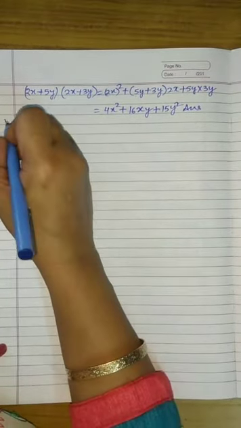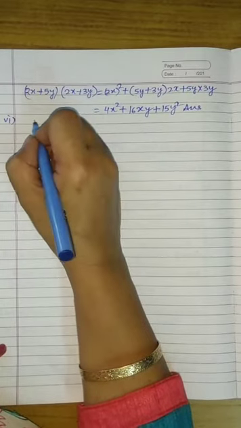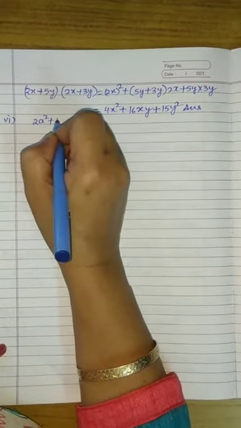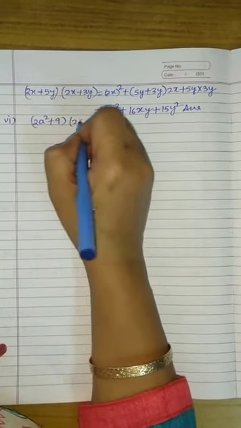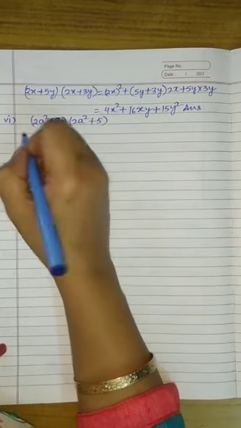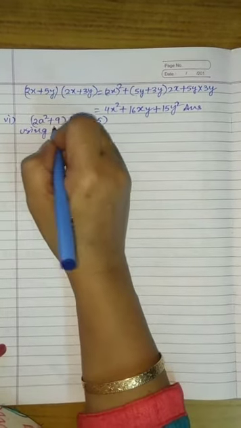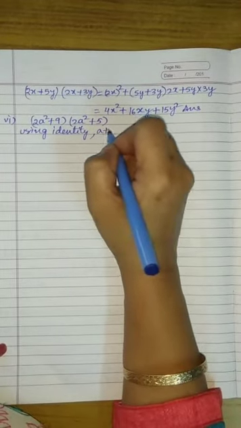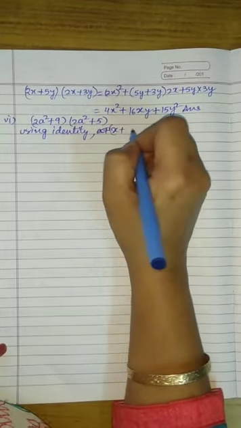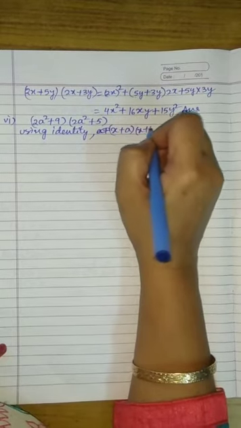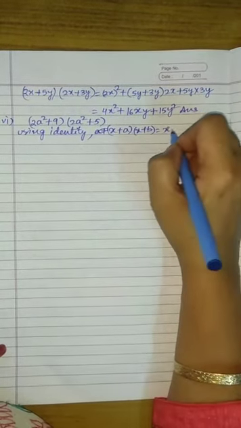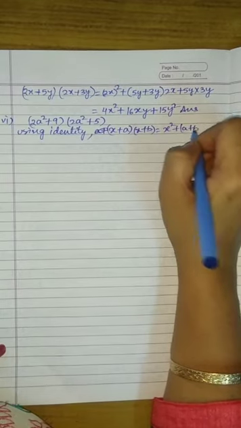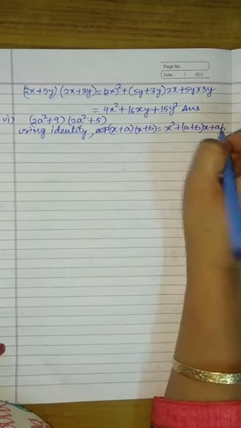Then moving to the sixth part of this question, (2a² + 9)(2a² + 5). Again we are using the same identity (x + a)(x + b) = x² + (a + b)x + ab.